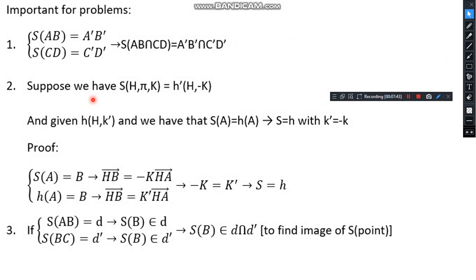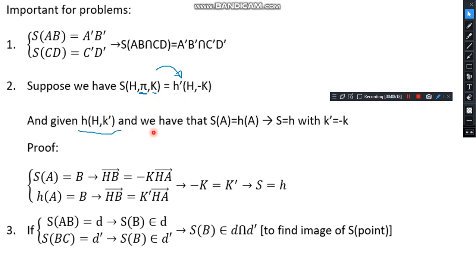Another thing we use in problems: suppose what they gave was a similitude S of center H, with angle pi and ratio k. When you have angle pi, we can say it can be a homothety H prime of center H, but with ratio minus k, since you know that pi will give you minus 1. Suppose in the given they also have a homothety H of the same center as S, but with a different ratio k prime.